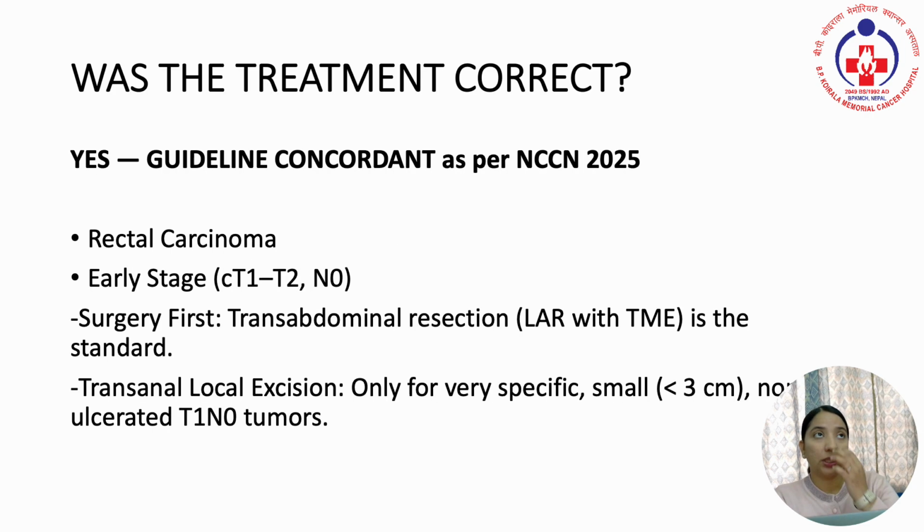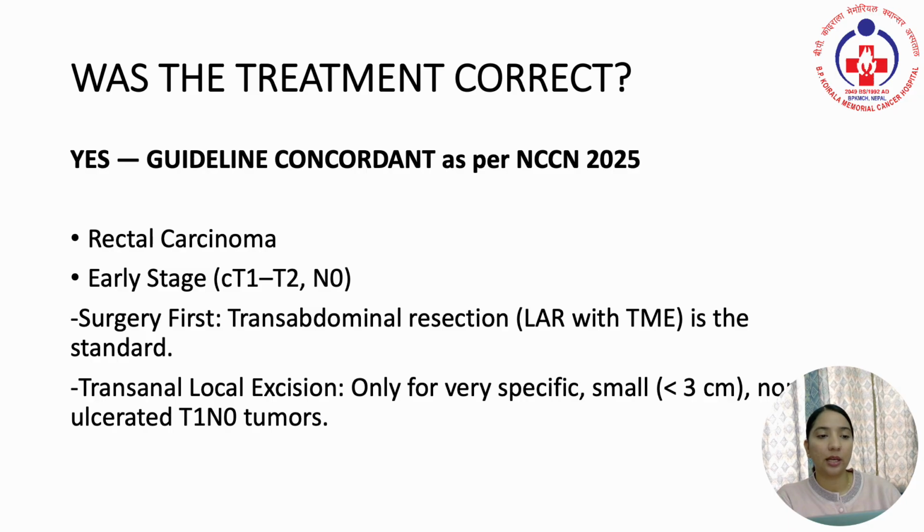Without delay, I will not be mentioning all the features of colorectal polyps. I would jump to the treatment procedure and correlate it to this case, and see whether the treatment for this particular case was correct as per the guideline or not. I will refer to the recent NCCN guideline.